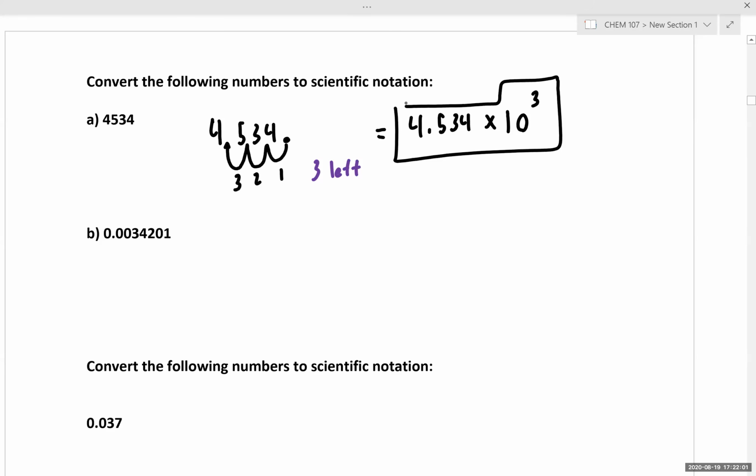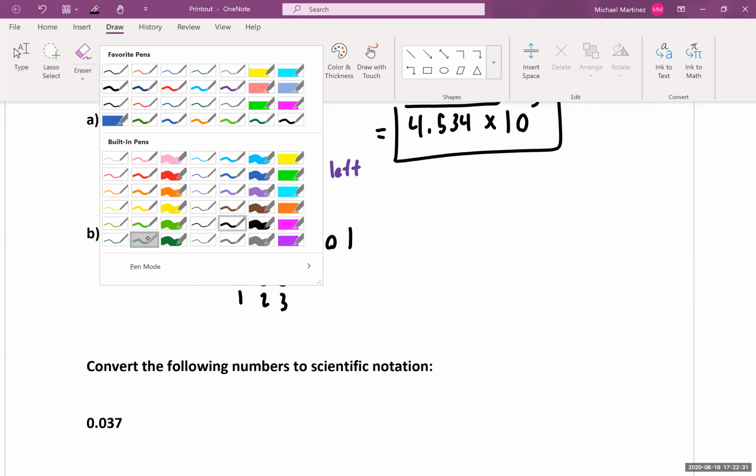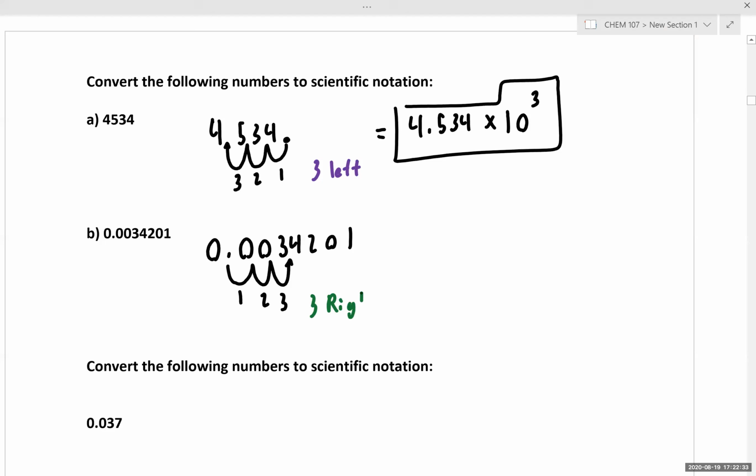Looking at this other number, we have 0.0034201. And that may seem like a lengthy number, but you do have to keep all of the digits. When you're writing numbers in scientific notation, do not get rid of any of the digits. So now to get a number between 1 and 10, I'm going to move my decimal point a total of 1, 2, 3 spaces, except this time I'm moving my decimal point 3 spaces to the right.